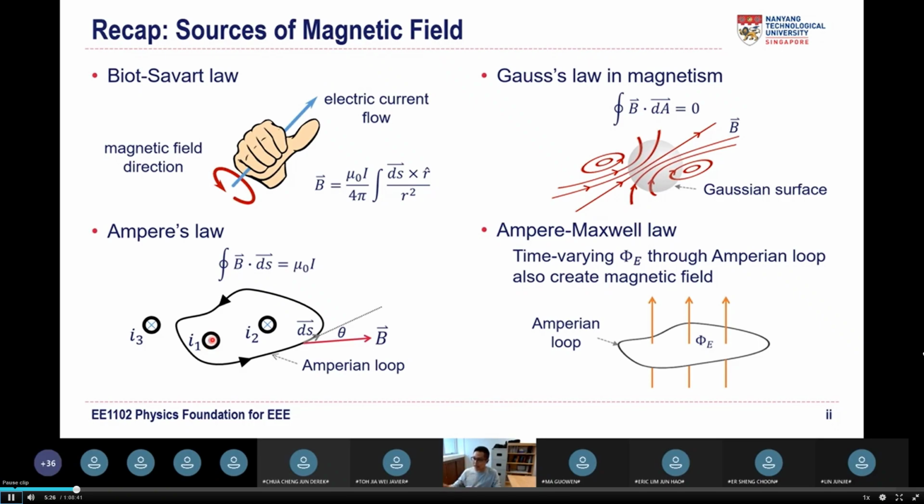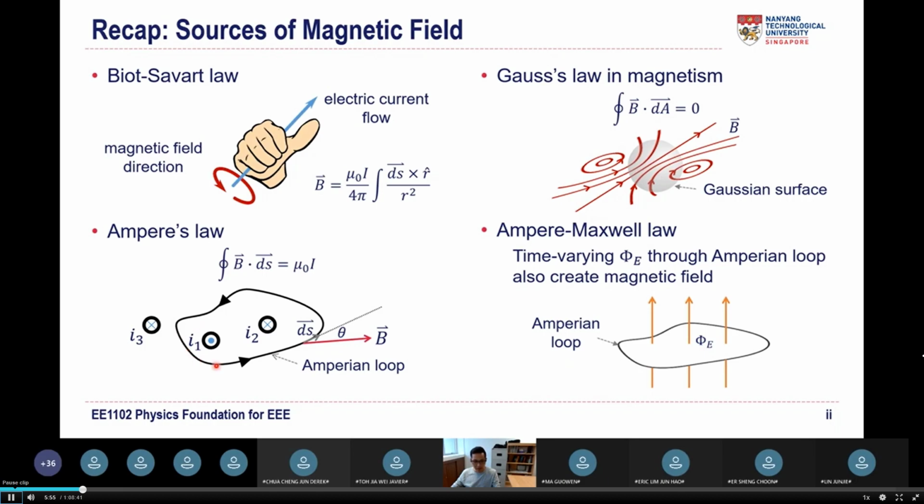Because a current carrying wire will have magnetic fields formed around it, for instance, if this is current coming out of the page, and this is current going into the page, and you put a closed loop around it, the magnetic field will be created around the wire, whether in the clockwise or anti-clockwise direction.